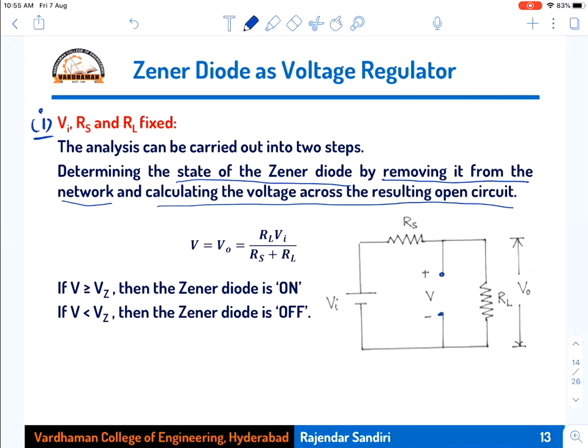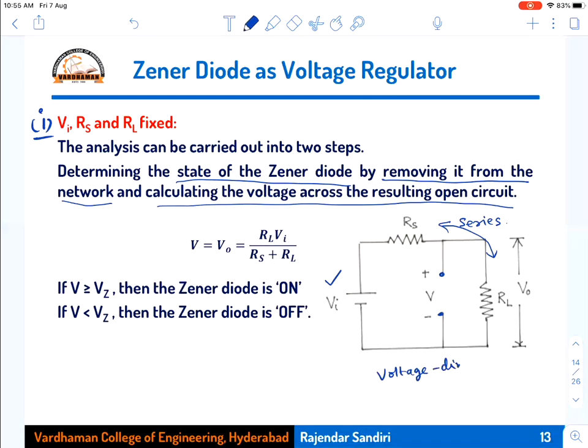Now, what is this network? Actually a voltage division network, because RS and RL, these two resistors, are in series, and the total voltage applied is VI. So it is almost like a voltage divider network.